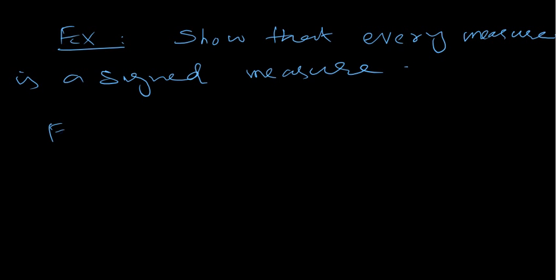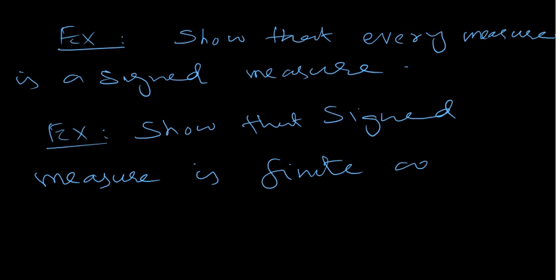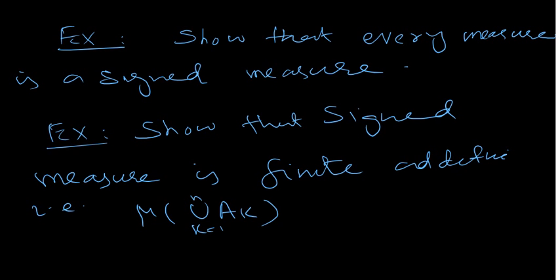And next exercise. Show that a signed measure is finitely additive. Finite additivity means that mu of the finite union of Ak, k runs from 1 to n, equals the sum of mu of Ak. This is true for a measure.